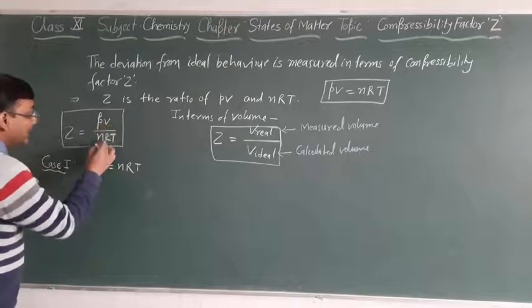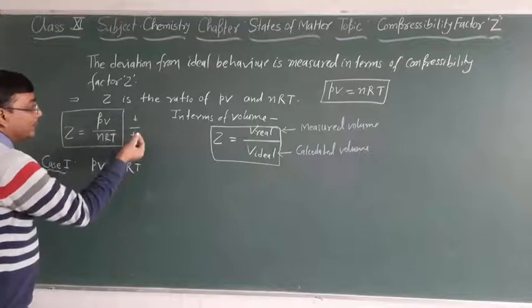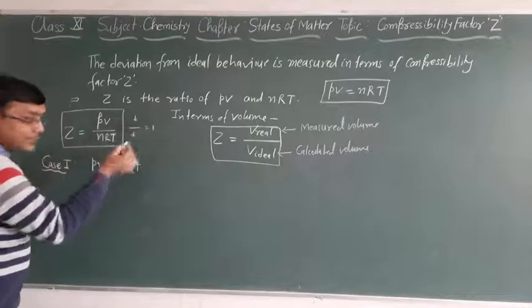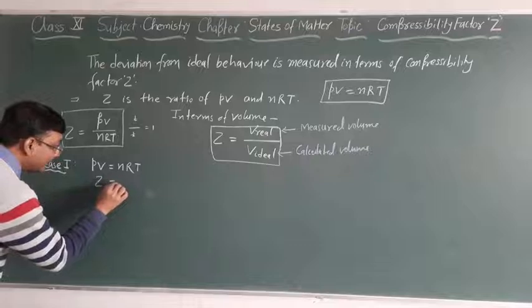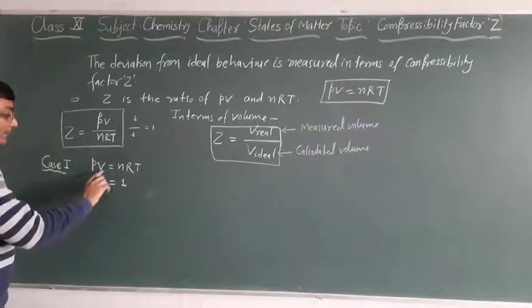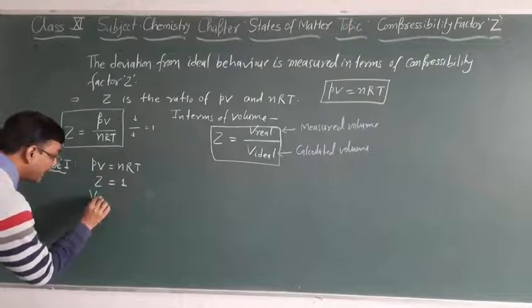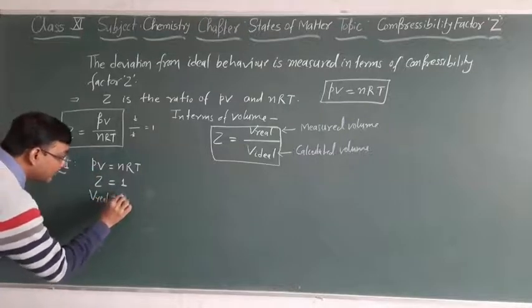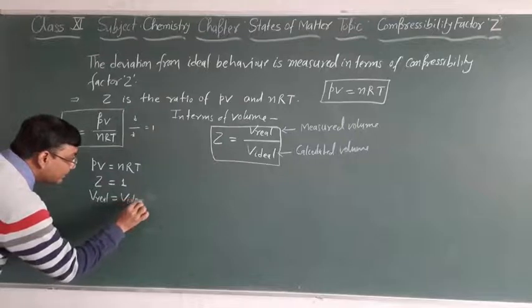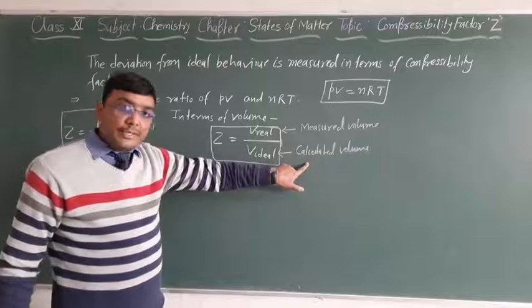Suppose PV is 1 and nRT is 1, so the value will be 1. So Z will be equal to 1. This is case 1. In this case, when Z is 1, the real volume will be equal to the ideal volume, means the measured volume will be equal to the calculated volume.